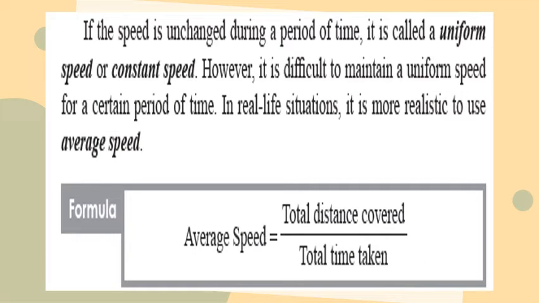So, if the speed is unchanged during a period of time, it is called uniform speed. So, kung parehas lang kakusga gyud, constant gyud imong speed, mo na gitawag nato nga uniform speed or constant speed. However, it is difficult to maintain a uniform speed for a certain period of time.